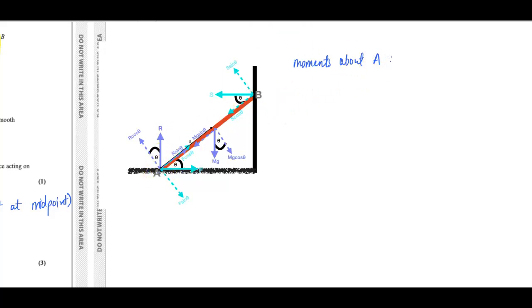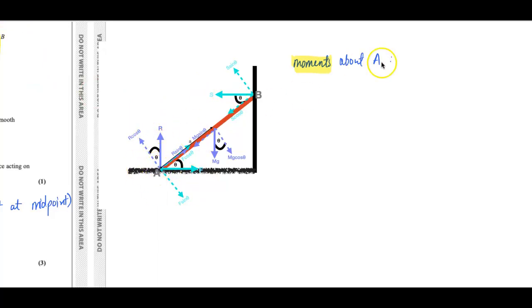Whatever you know, when we talk about moments, just make sure that whatever forces are acting at point A are going to be 0, because the perpendicular distance is 0. The force is there, but the perpendicular distance is 0.